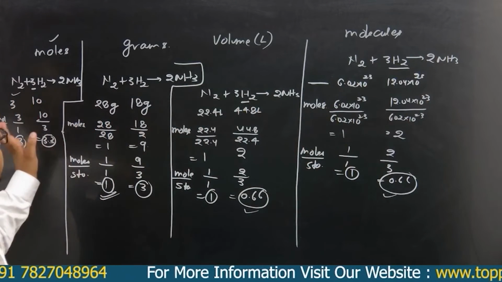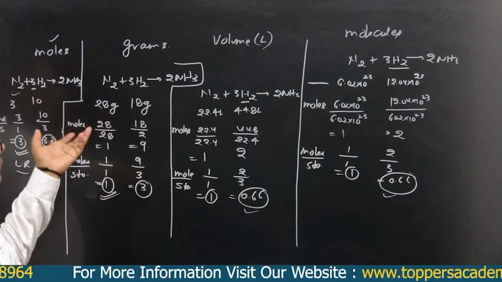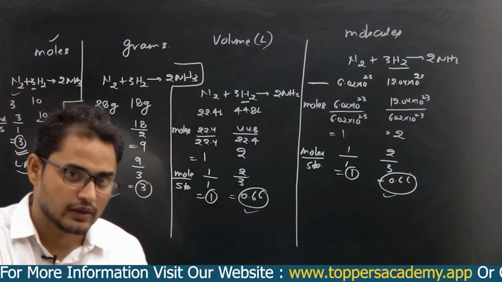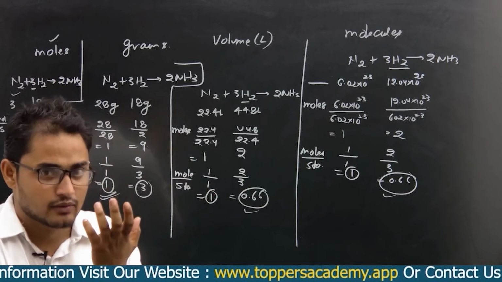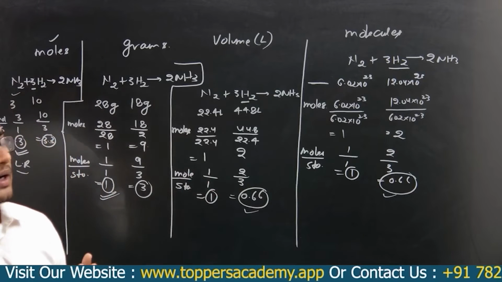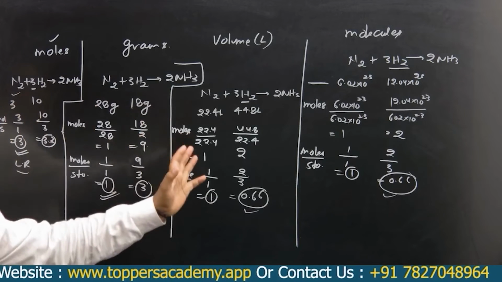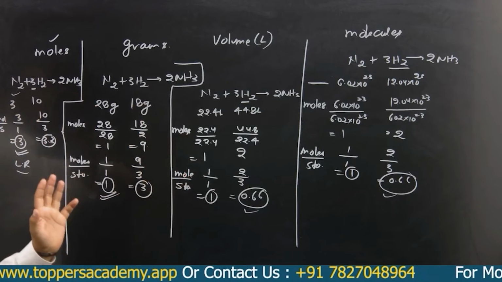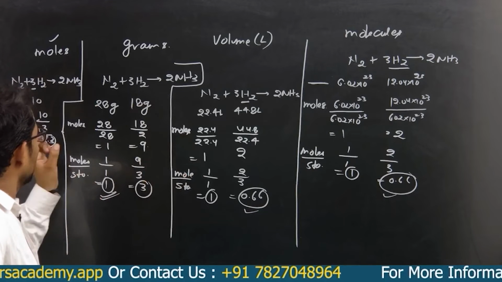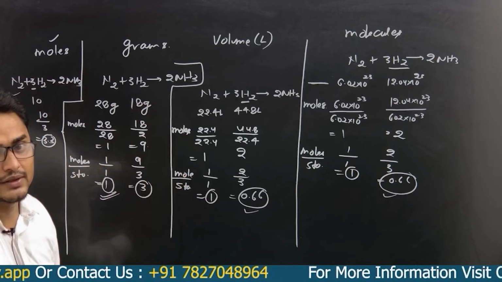So there may be 4 such cases for any equation. I have taken one equation and dealt with all these 4 cases, and found which reactant is the limiting reagent in which case.